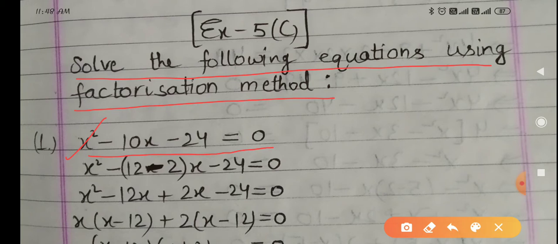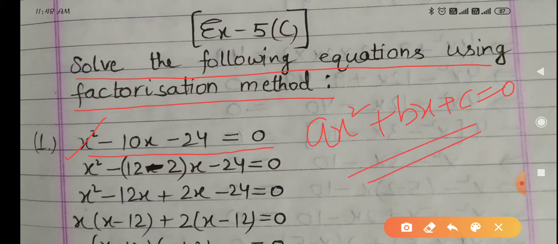First of all, you have to see the given equation must be in the form ax square plus bx plus c equals 0. If it is not in this standard form, then you convert the given equation into standard form, then you apply factorization method.